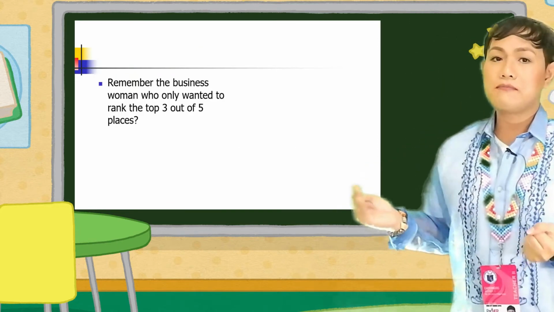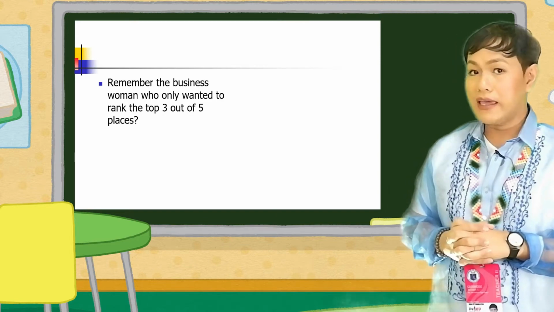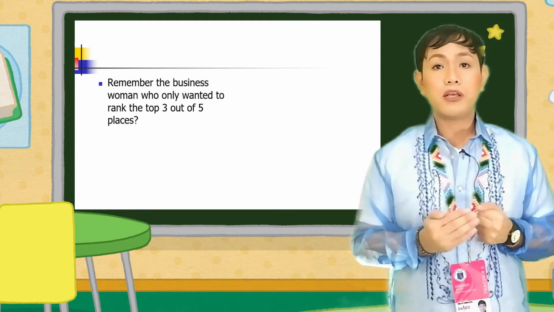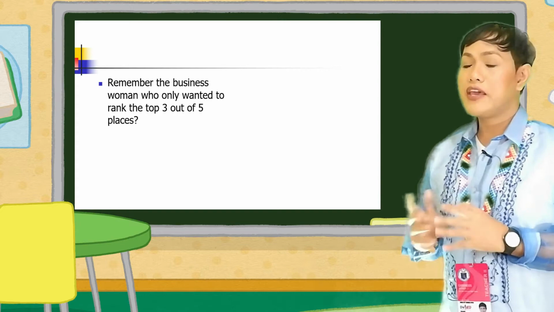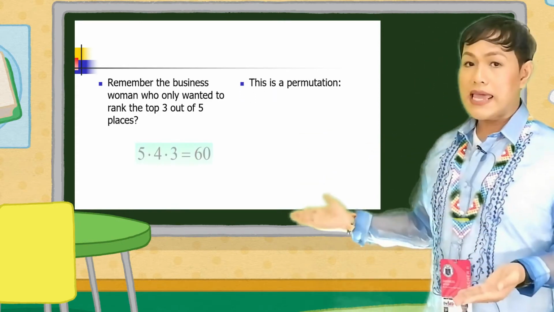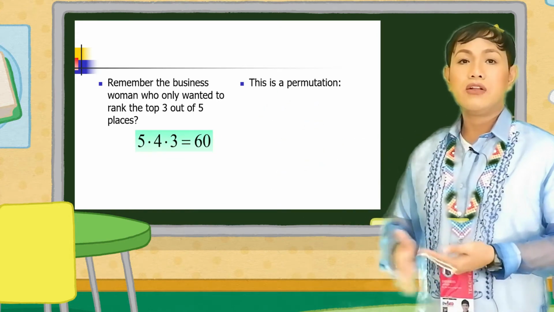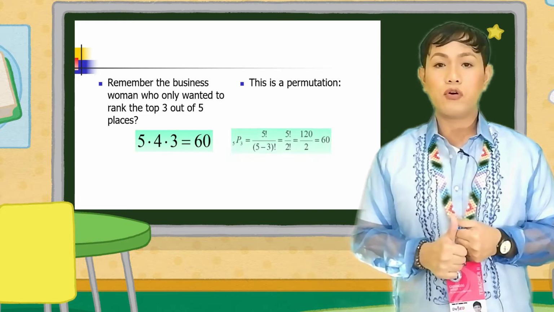So remember the businesswoman who only wanted to rank the top 3 out of 5 places, our problem a while ago? This is actually a permutation problem. We get to say that 5 times 4 times 3 is equal to 60. Now let us use the permutation rule for that.